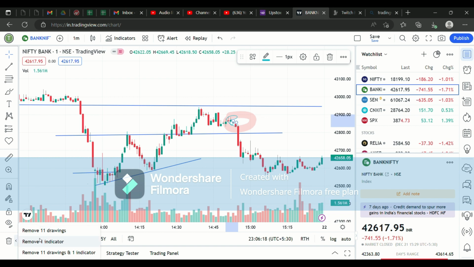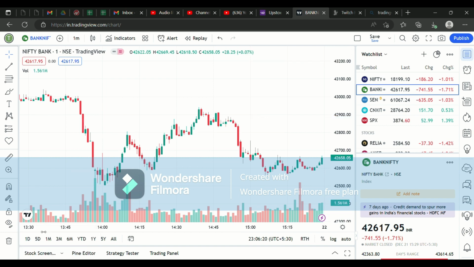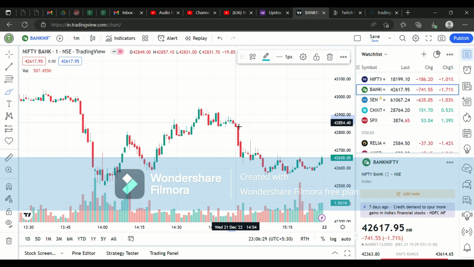You can see this small red candle. Yes, this one. At this point my SL hit, so I didn't take the trade again.